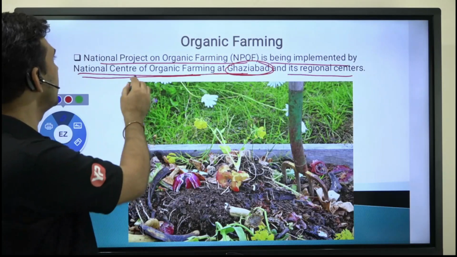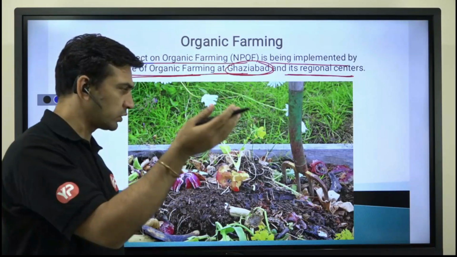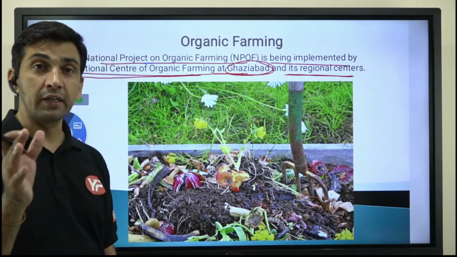The project is named National Project on Organic Farming and its regional centers. That means it has different centers across India, through which it monitors the progress of this particular project.